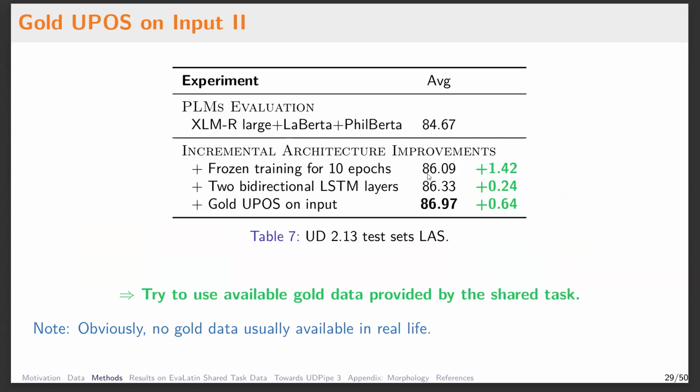If you have available gold data on the input and you can use them in a shared task, then you should do it. Obviously, in real life, we will not have any gold data. We'll just have to go from raw text without help from UPOS, the part of speech tags in Universal Dependencies.